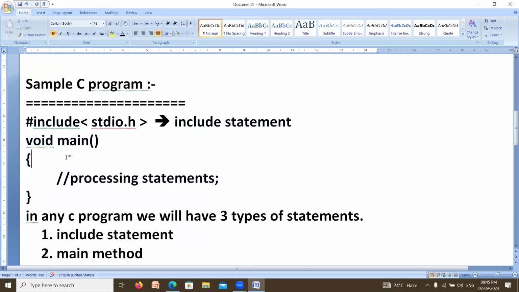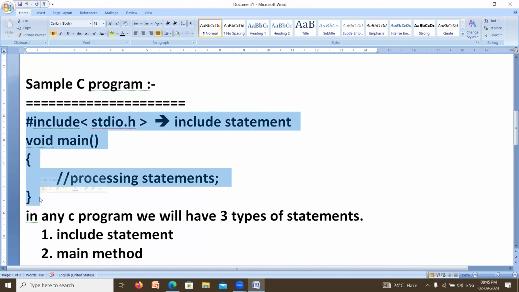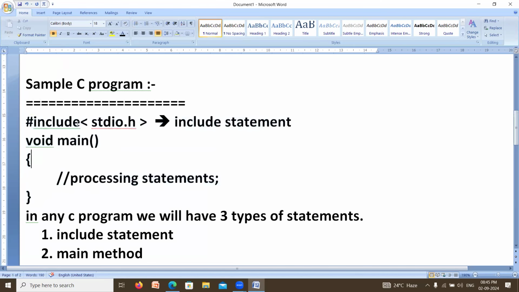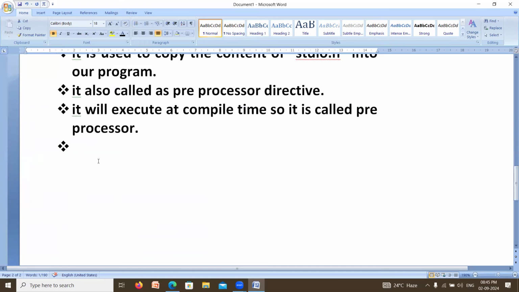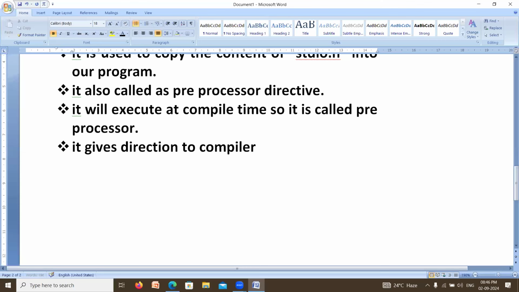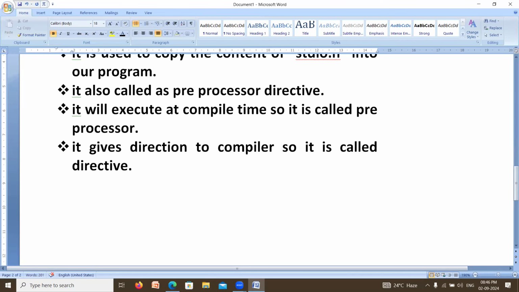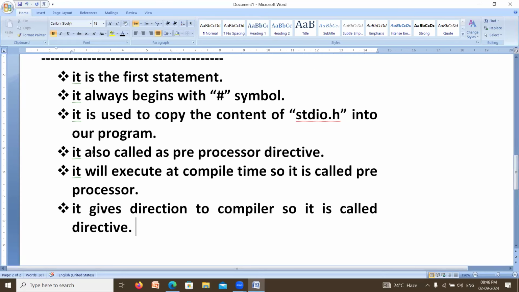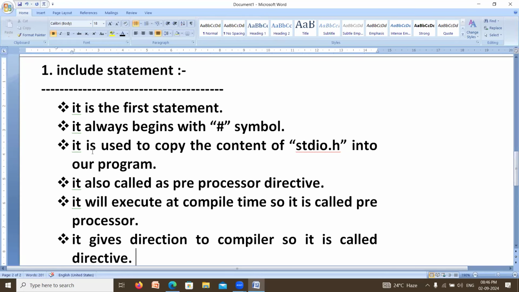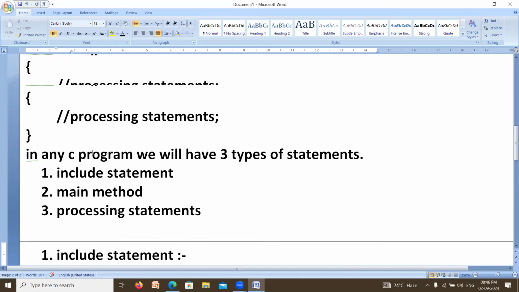Compiler is a software. Compilation is a process. So this line will give direction to the compiler, so it is called a directive. That is about the include statement, right? Friends, note this.